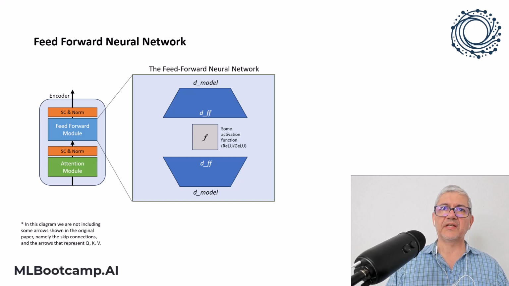This sublayer is a simple neural network with two layers and one activation function in between. Even though it is a simple neural network, its role is fundamental in the transformer. The common nonlinear functions used here are the ReLU and the GELU.